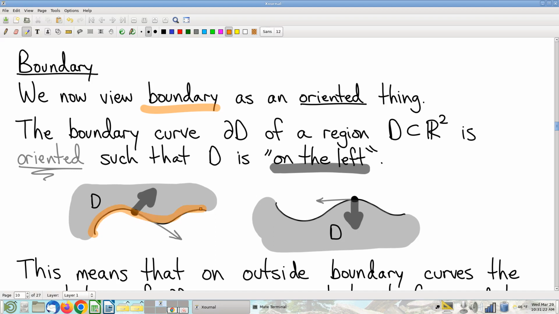Oh, wait a minute, we need an orientation, right? We're in the realm of talking about vector line integrals. Those take place on oriented curves. It is no longer acceptable to think of a boundary as merely a curve. I need an orientation. Which of the two possible orientations do I mean when I say the word boundary?